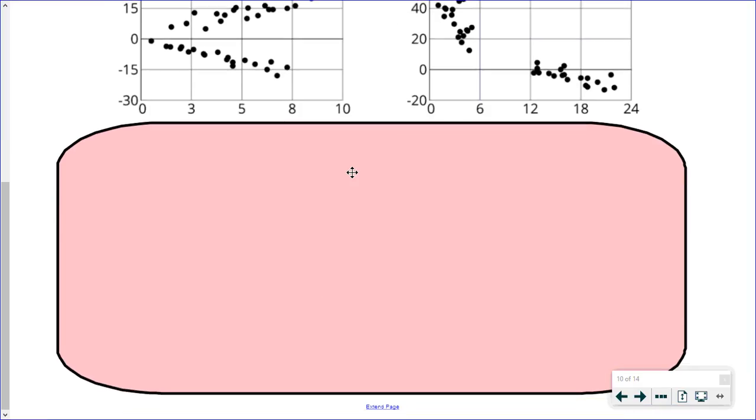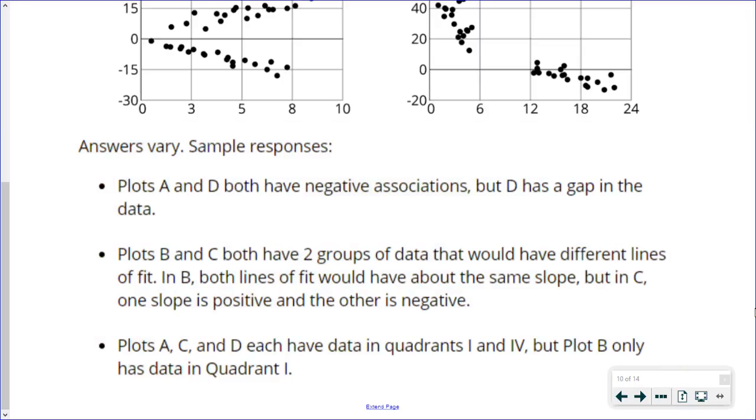So some responses, or some things that I noticed on how they're alike and how they're different, are as follows. So what I stated is, first, plots A and D, so graphs A and D, both have negative associations, but D has a gap in the data.